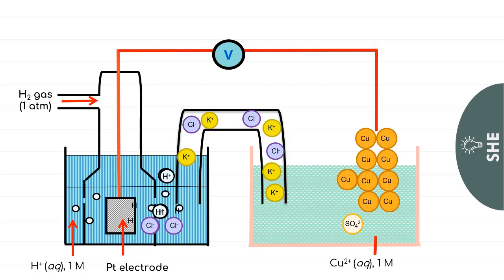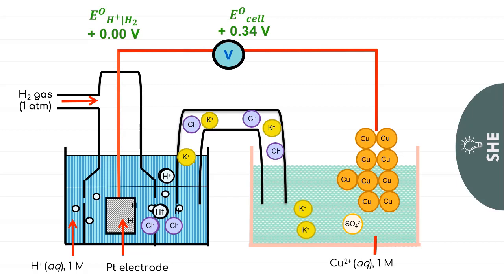Same goes with the beaker containing the copper electrode, where negative charge builds up, and the positively charged K+ will move over into the half cell to help balance out the charge. From these reactions, we know that the electrode potential of hydrogen is 0.00 volt and the voltmeter is seen to give a reading of positive 0.34 volt.